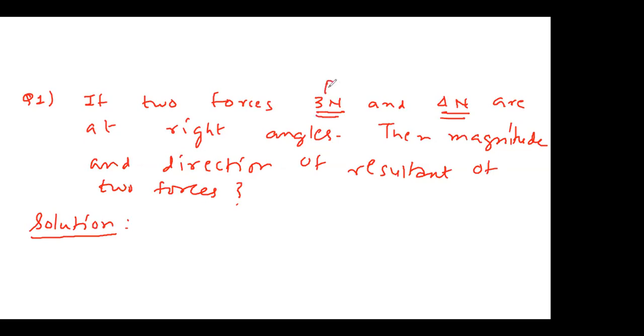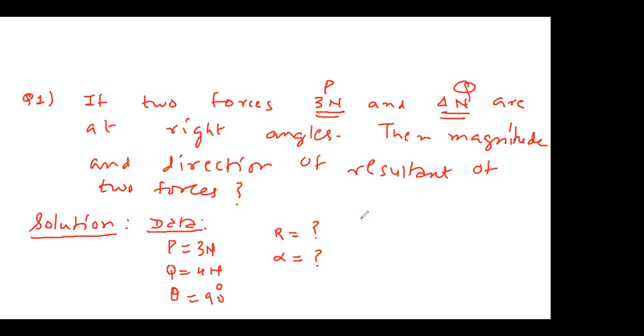Can I call this P and this Q? So in my data, one force is P, the other force is Q, and the angle between them is theta. This is 3 Newton, this one is 4 Newton, and theta is a right angle, means 90 degrees. We want the resultant in magnitude and direction. R means magnitude, alpha means direction.